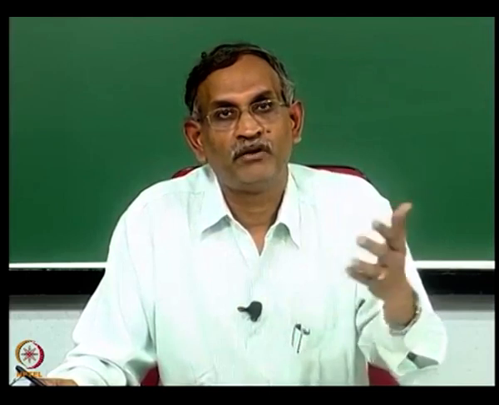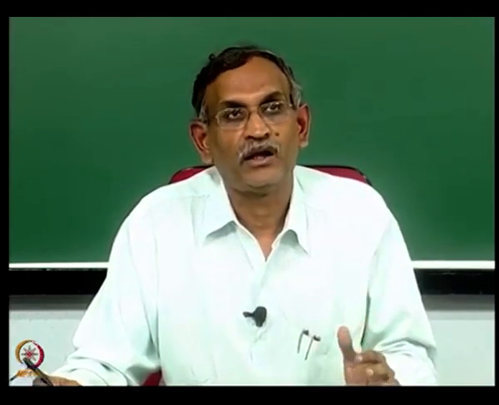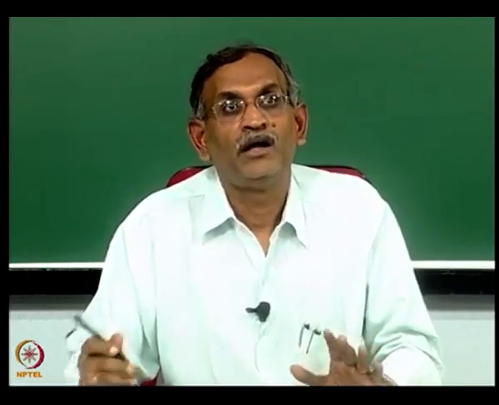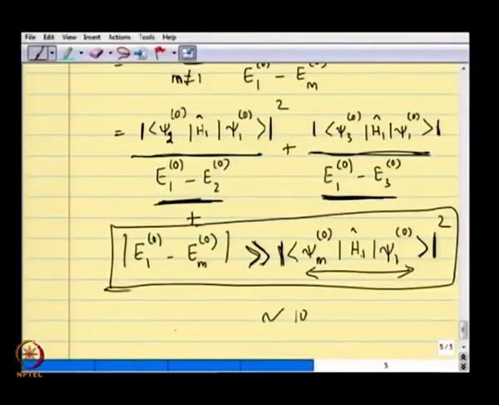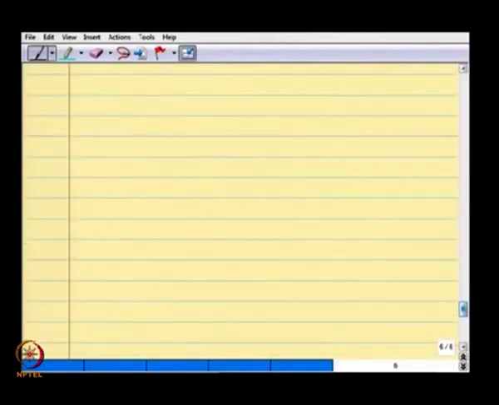Therefore we have to be very careful about the use of perturbation theory, and particularly check the magnitudes of the quantities involved. This is a statement you might want to remember as a condition for perturbation theory.